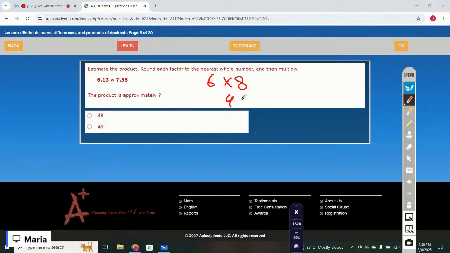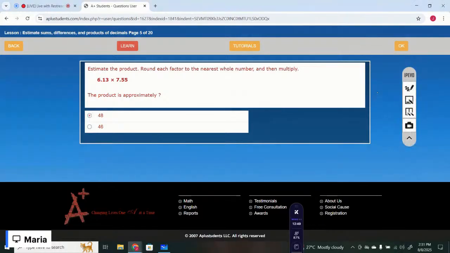That is 6 times 8 is 48. Option number 1 is the correct option. That is 48.